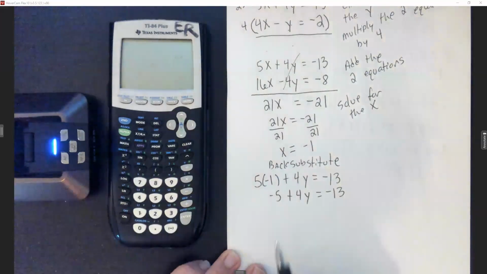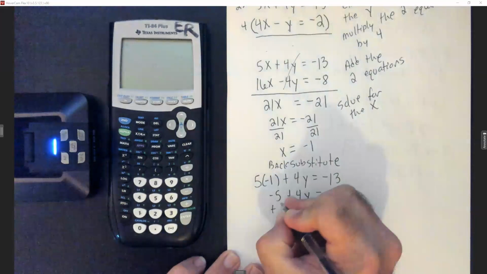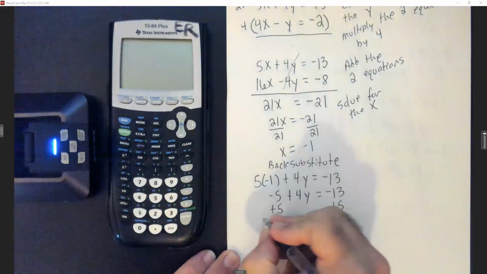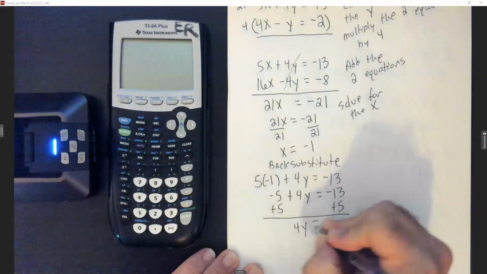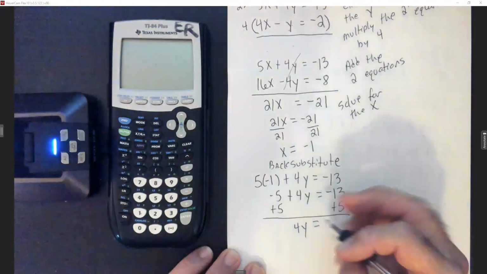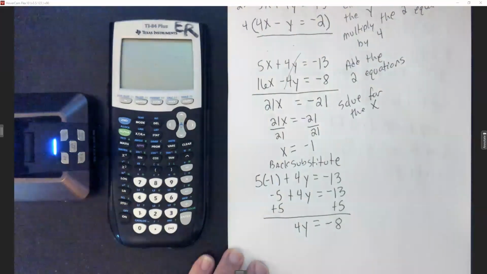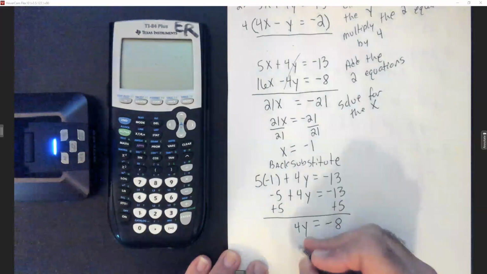So y'all, to solve this, let's add 5 to both sides. And I get a 4y. Let's see, bigger number is negative. And then 13 minus 5 is what, 8. So 4y equals negative 8. Divide both sides by 4.